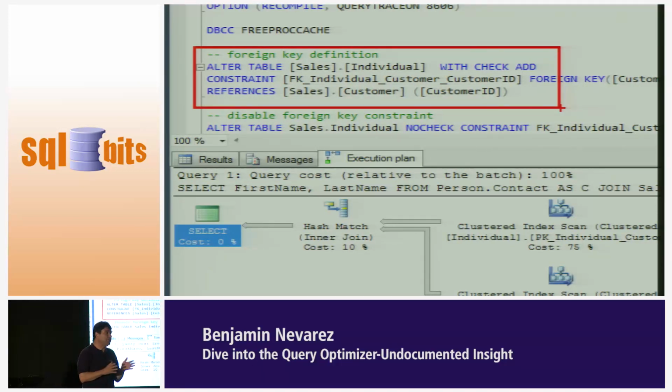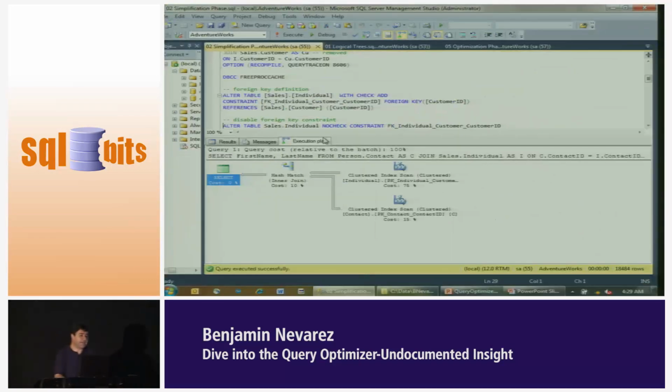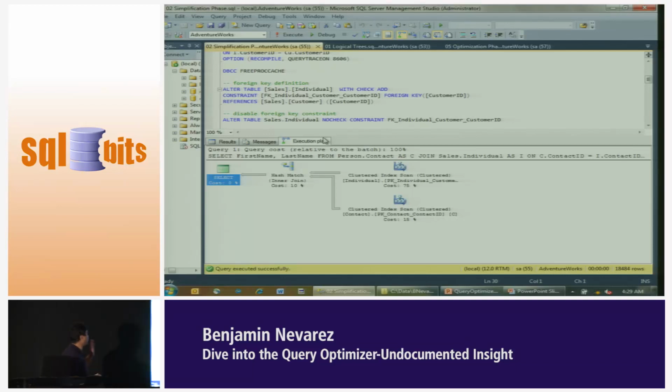So the optimizer knows there is a foreign key, and the query is asking me to join 2 or 3 tables. Because the foreign key is active, I know there is a match in records from one table to the other. So the optimizer is using this constraint to help performance, because they have similar purposes: the foreign key and joining data from the tables.